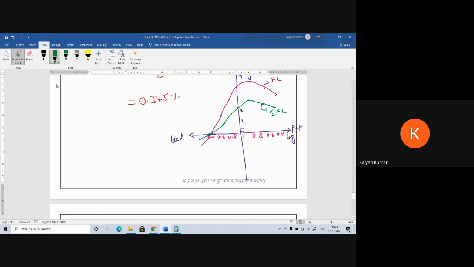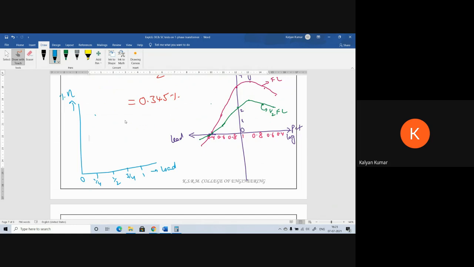Let's see the efficiency curve also. So load will be taken on the x-axis and percentage efficiency will be taken on the y-axis. Zero load, 1/4 load, half load, 3/4 full load.